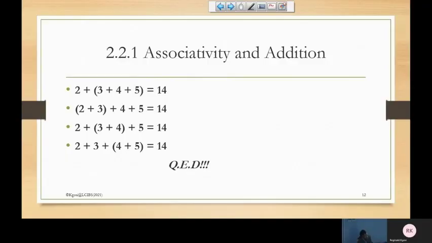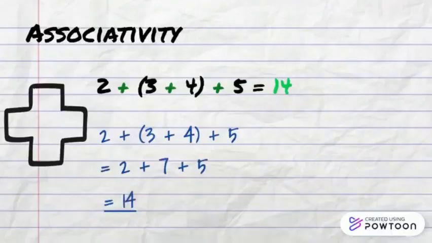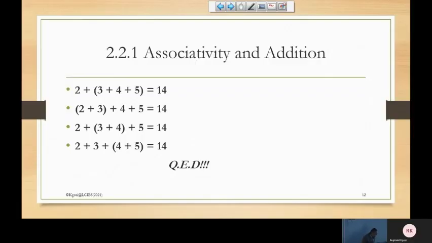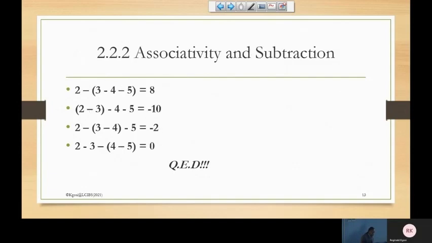You add that to 5, it gives you 14. And the last one says you do the 4 plus 5 first, which is 9. So you're going to say 2 plus 3 plus 9. This should also give you 14. So this is how we prove associativity with addition.